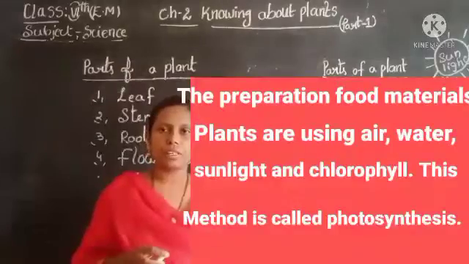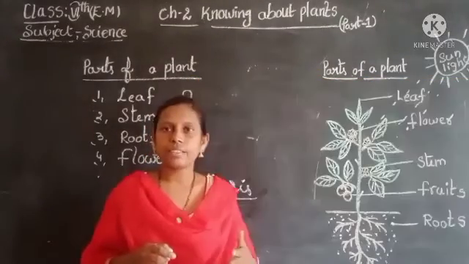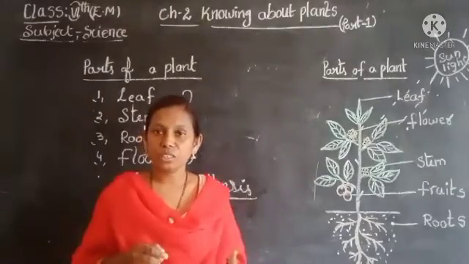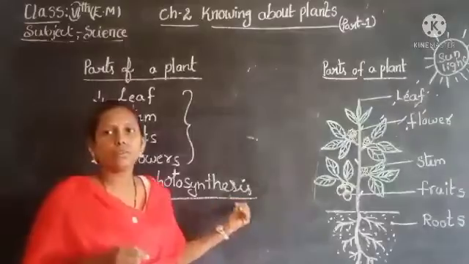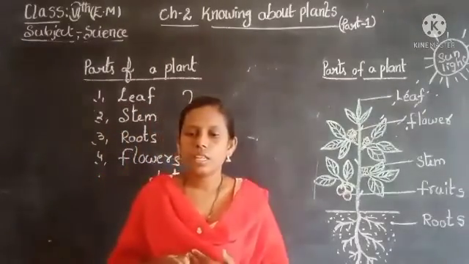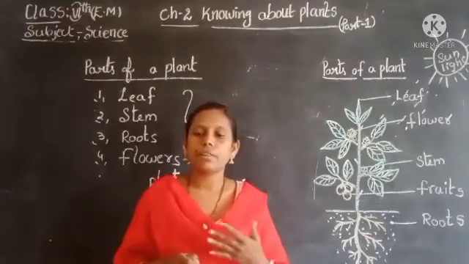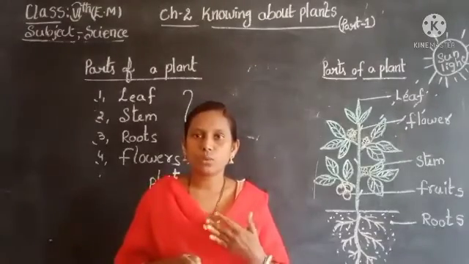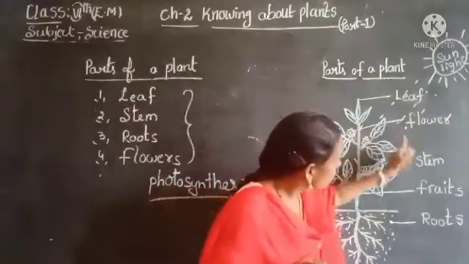The food preparation by using air, water and sunlight with the chlorophyll is photosynthesis. It absorbs the light from the sunlight and prepares the food. This process is photosynthesis.